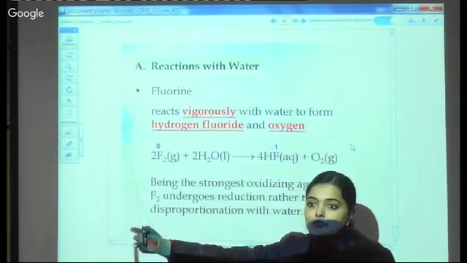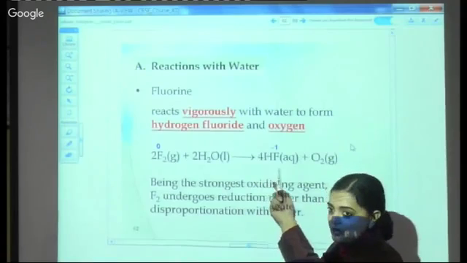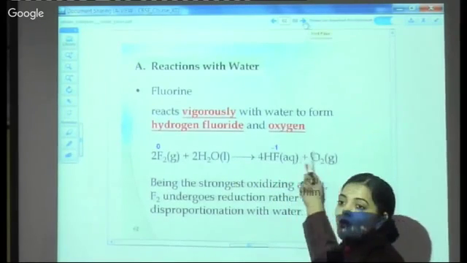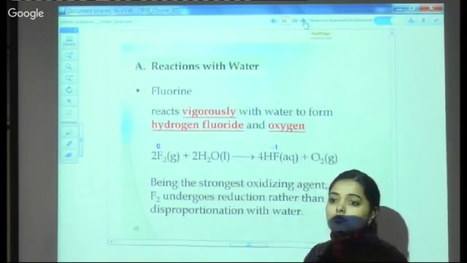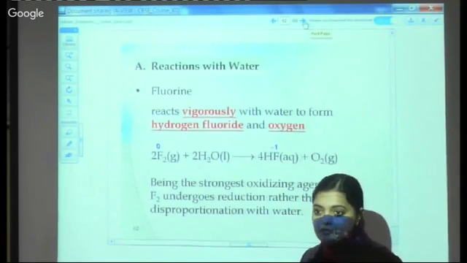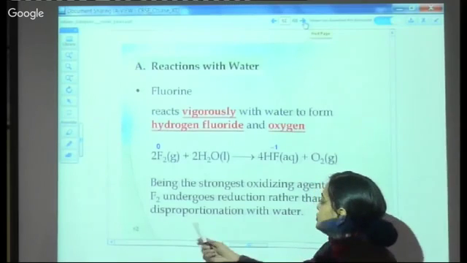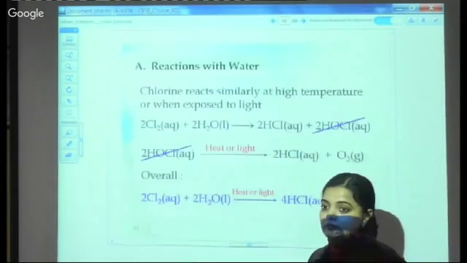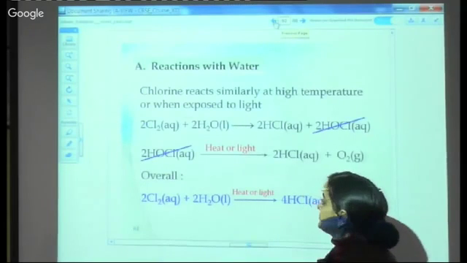Right? Because of which it won't form HOF. Okay? It won't form HOF, rather oxygen will be formed. The highest oxidation state will be achieved. Fine. So disproportionation with water won't happen here. Fine. Next slide, please.